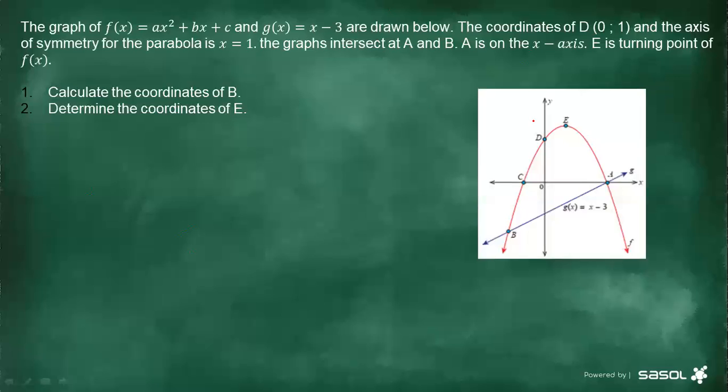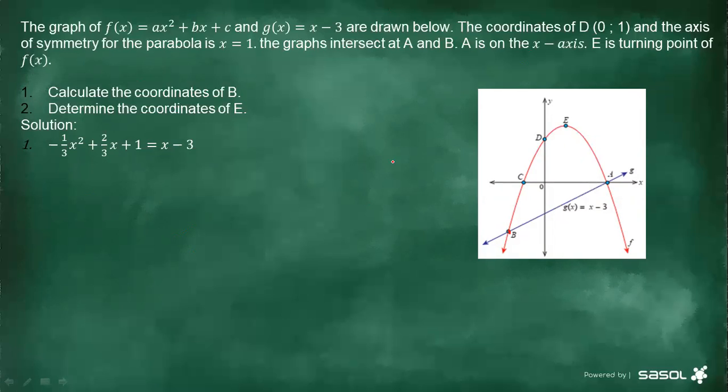Calculate the coordinate of B. Where is B? They want the coordinate of B. So this is the point of intersection. Now let's see how we determine the coordinate of B. For you to determine the coordinate of B, you equate the two equations.